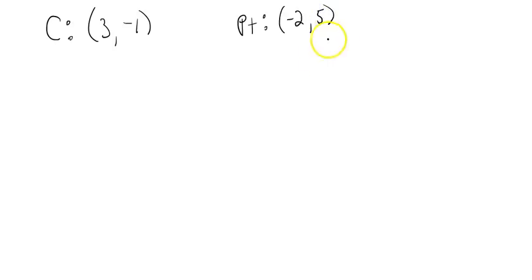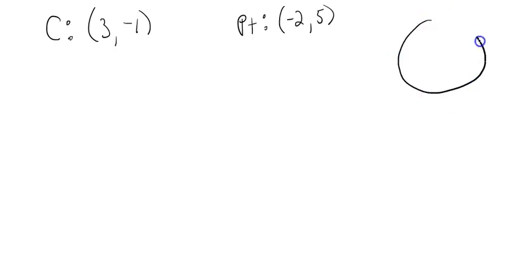Okay, somewhere else that this comes in handy is with circles. Let's say that you have a circle and you know that the center is (3, -1). And then somewhere on that circle is the point (-2, 5). So you have the center and you have the point (-2, 5).